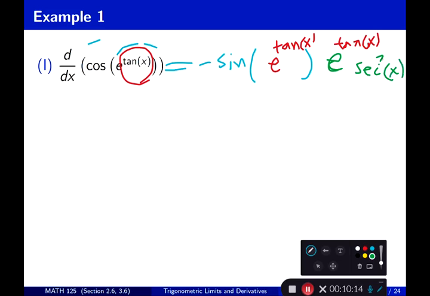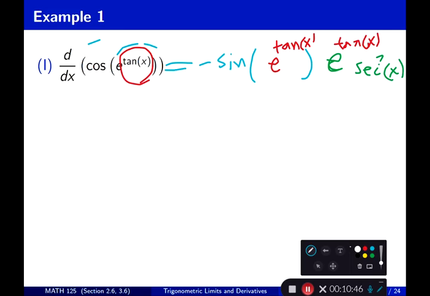So it's sort of peeling layers of an onion. First you go to the very outer one and you come up with a negative sine of something, and then you plug in that something, which is, we say negative sine of u, and then u will be basically e to the power tangent of x.